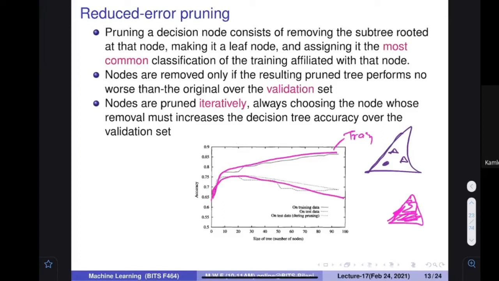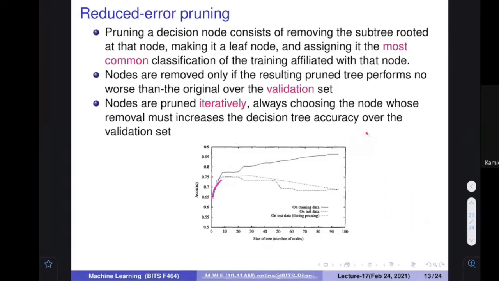But if you cut some parts of the tree, reduced error pruning, your accuracy actually increases. So instead of this particular curve, you now have this curve. Make sense?